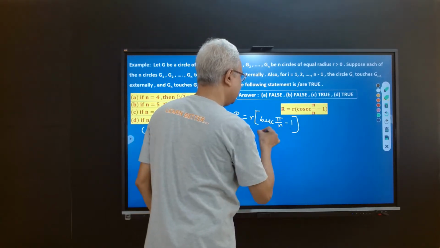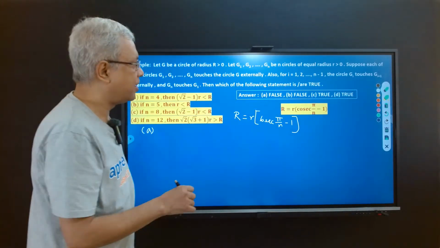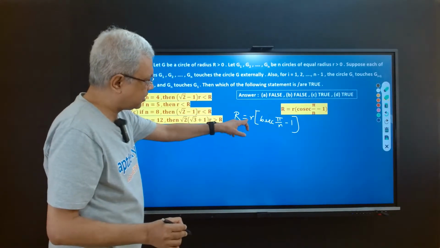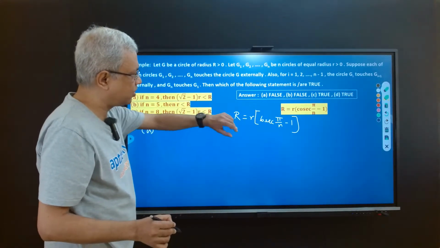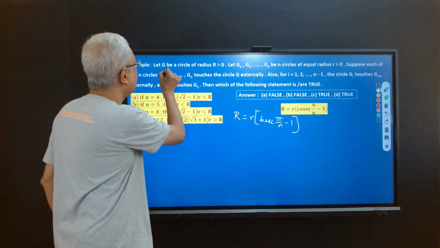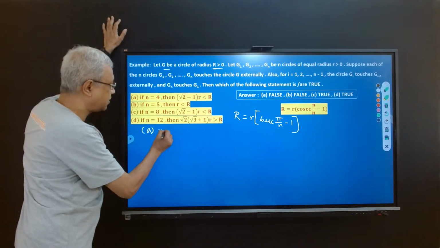You recall, though there is no diagram in this, n is the number of external circles. So r is the radius of outer circles, and capital R is the radius of the inner circle, which I call G.